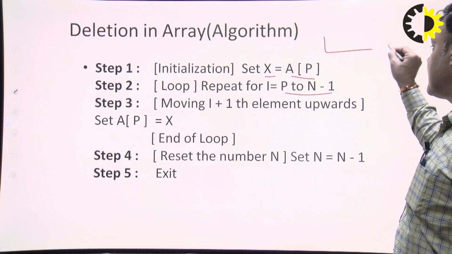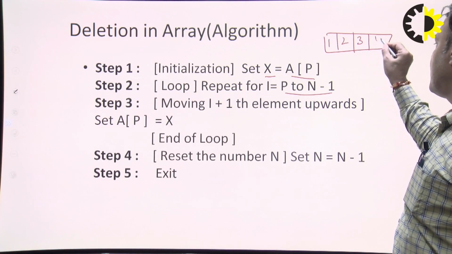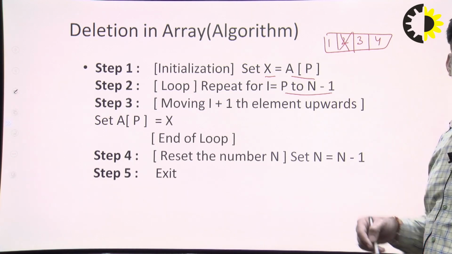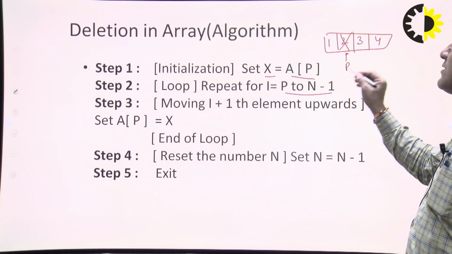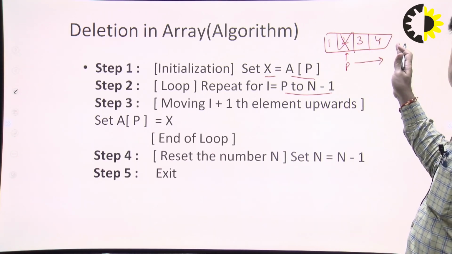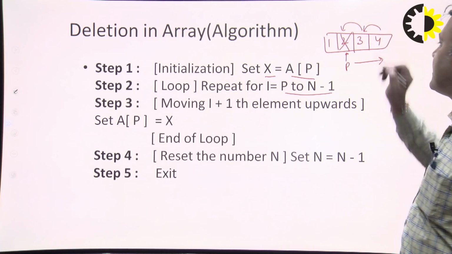You will understand it: 1, 2, 3, 4. I am going to delete this 2. This is the position p. So from p to n minus 1, the elements which lie on the right will be shifted towards left.